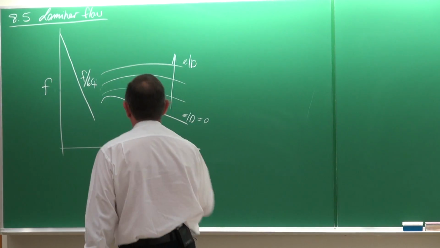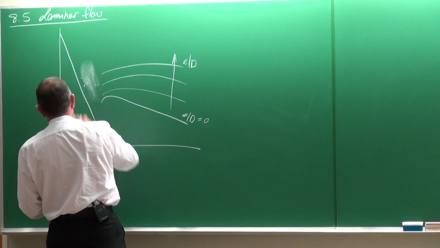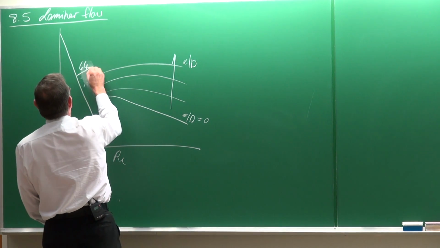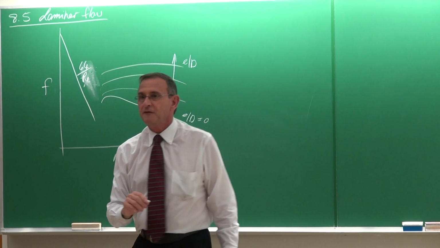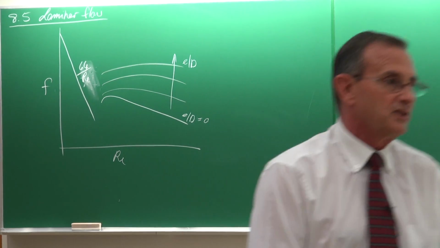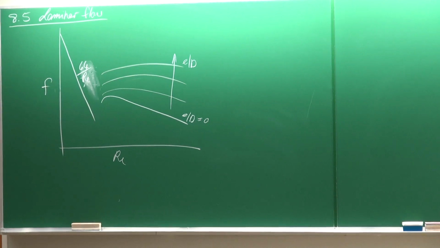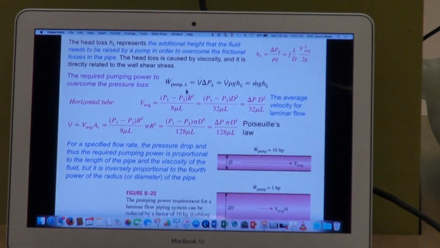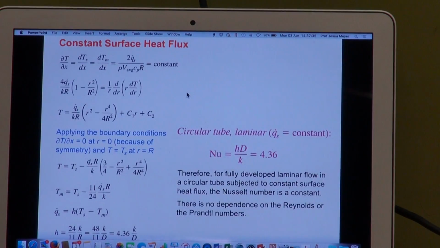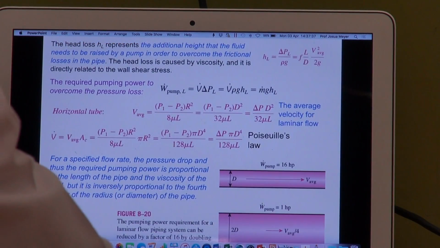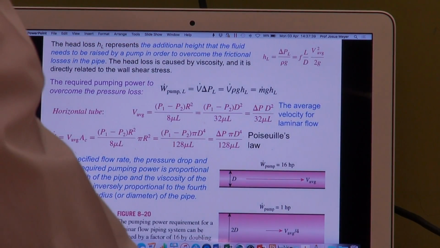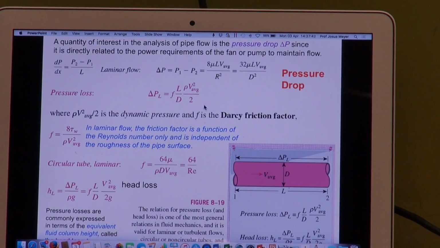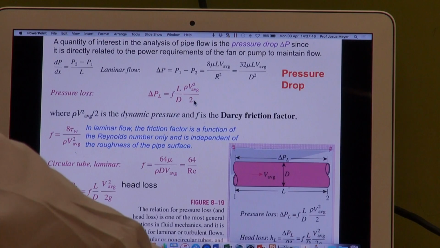So this line is the friction factor. Sorry, what am I writing? 64 divided by the Reynolds number. Okay, so the friction factor is 64 divided by the Reynolds number. The friction factor is important because we can write the pressure drop as a function of friction factor multiplied by L over D multiplied by rho, the average velocity squared divided by 2.